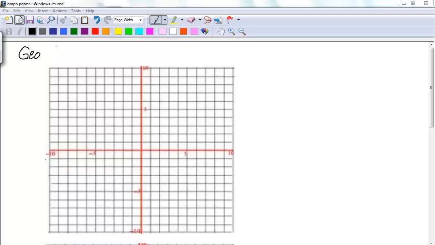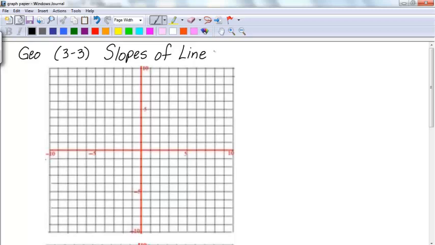Okay, so this is on slopes of lines, and you should have had some on slopes of lines in Algebra 1.